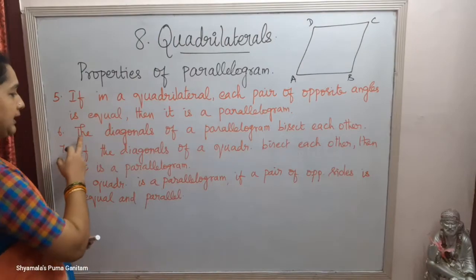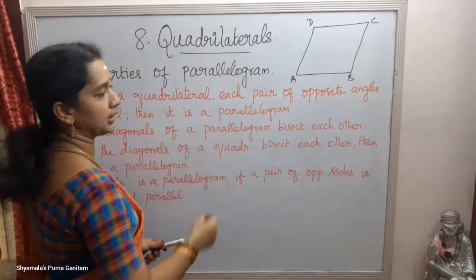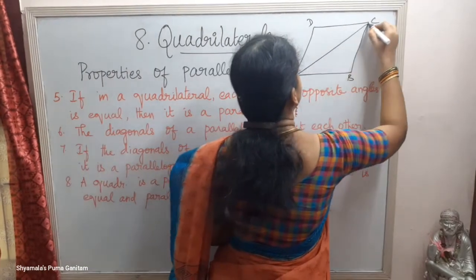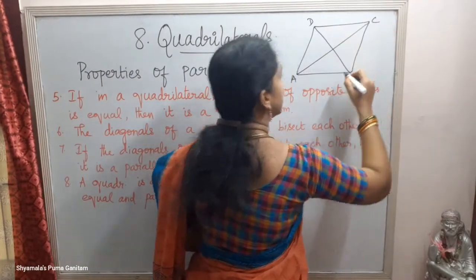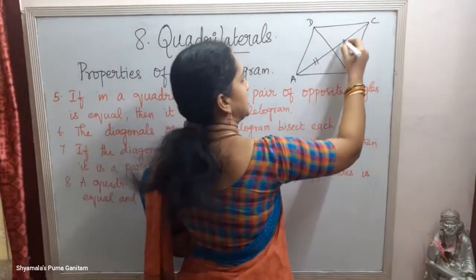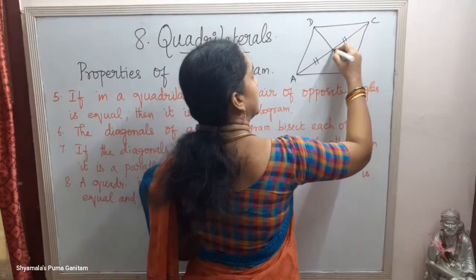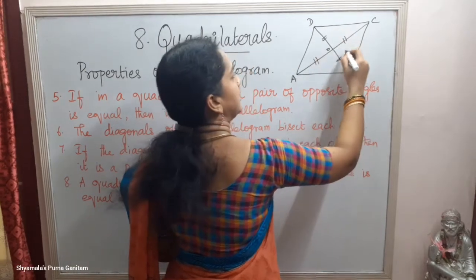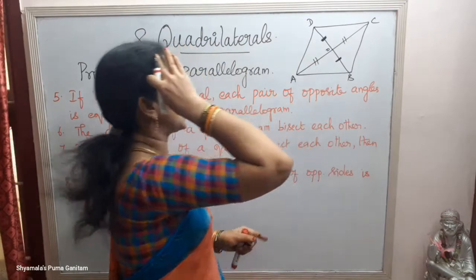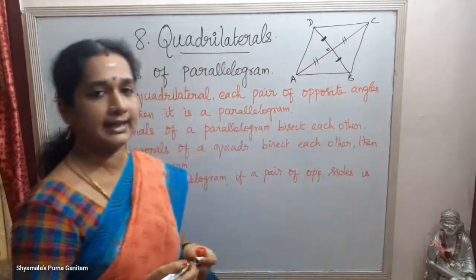Then the next property is, the diagonals of a parallelogram bisect each other. Here AC and BD are diagonals. They bisect each other at a point O. These two measurements are equal and these two are equal, so they bisect each other.